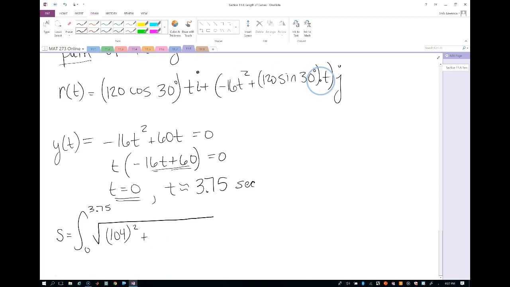For my second component, the derivative of negative 16t squared is going to be negative 32t. And the derivative of 120 sine 30 degrees t is just 120 sine 30, which we've already said is 60.